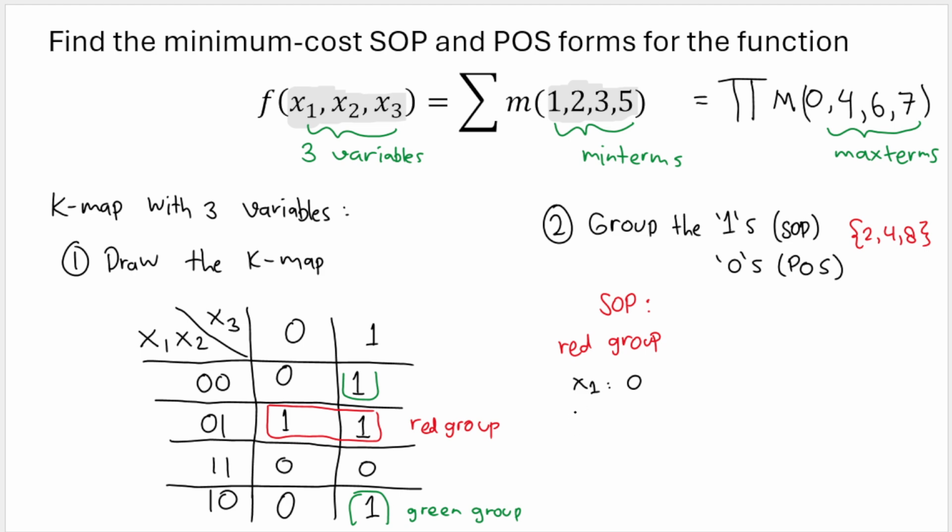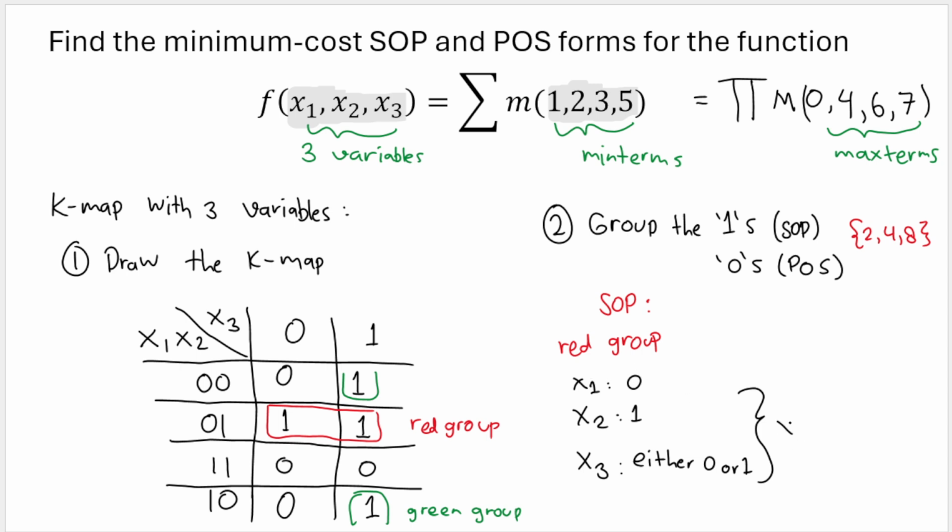There is no change there, so x2 is 1, and x3 is either 0 or 1.